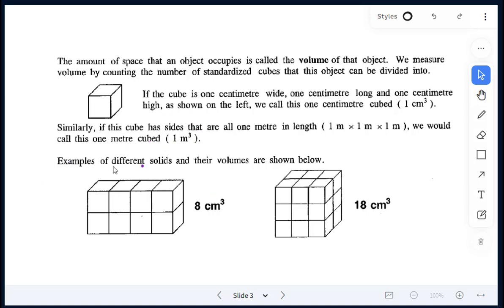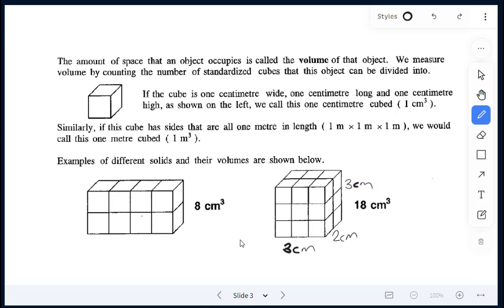All right, so here we have this object here. If you count all of those cubes, we would have 8 centimeters cubed. Same here. You can count the cubes, or you can even look at the dimensions here. 3 centimeters here, 2 centimeters here, and then 3 centimeters here for its height.